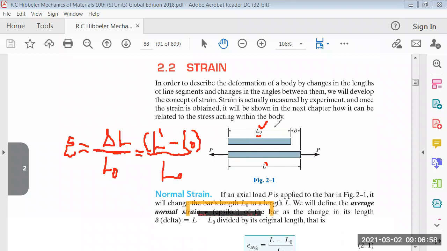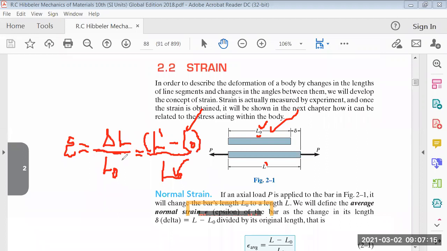So we have the original length prior to load application, and the only thing you need to get is the new length. Once you have calculated the new length, then you can get delta L over L naught.